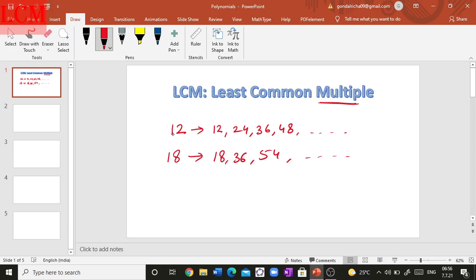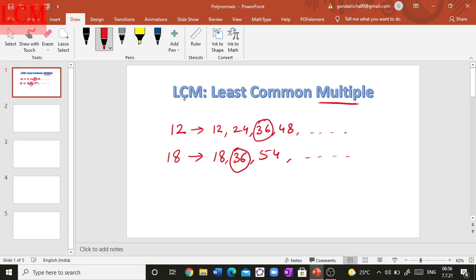If you observe number 12 and number 18, you will find that the first common multiple is 36. And if you explore further, you will get more common multiples.